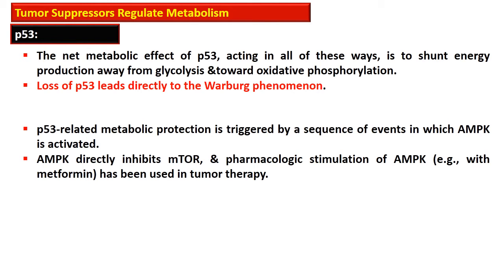P53-related metabolic protection is triggered by a series of events in which AMP kinase is activated, and this activated AMPK inhibits mTOR, and pharmacological stimulation of AMP kinase has been used in tumor therapy, and the pharmacological agent is usually metformin.